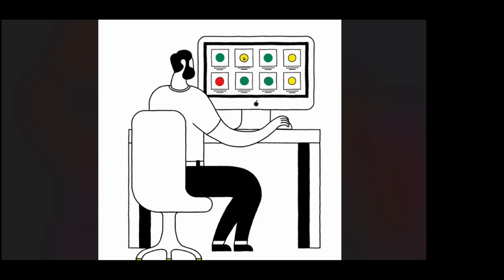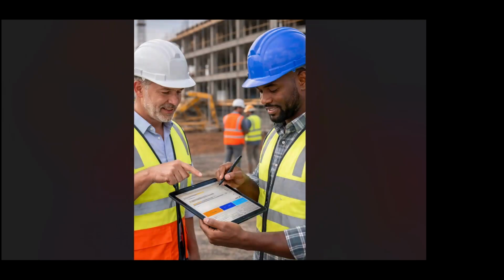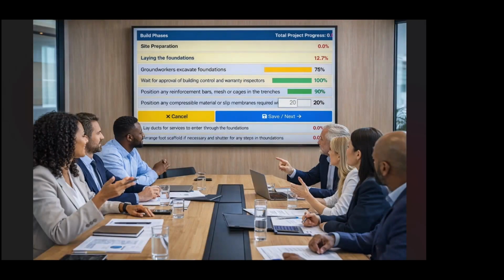So if you can have a way of getting a bird's eye view of all the projects on the go, a simple indicator as to how they're doing and where you might need to place more resources, and for your site managers to be able to enter the same information and you get updated in real time. Because, of course, when you have good information, you can make good decisions. This is the problem that my construction tracker seeks to solve.